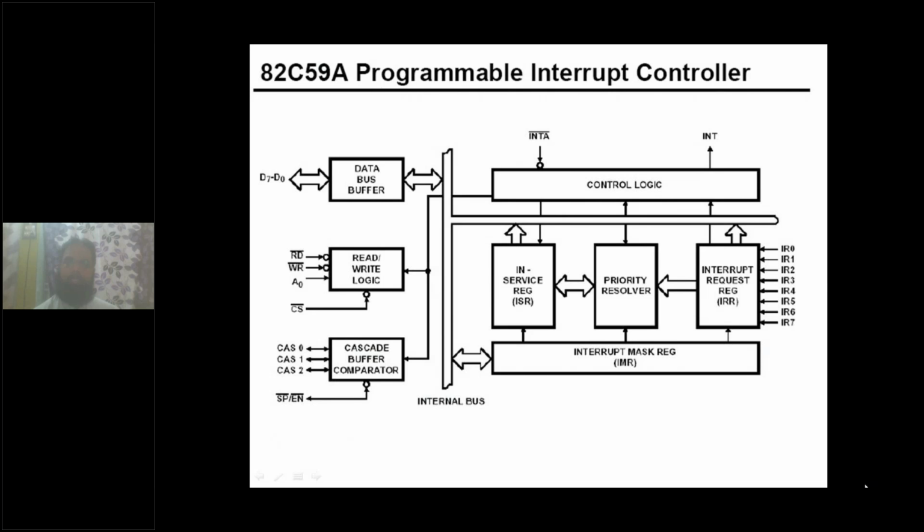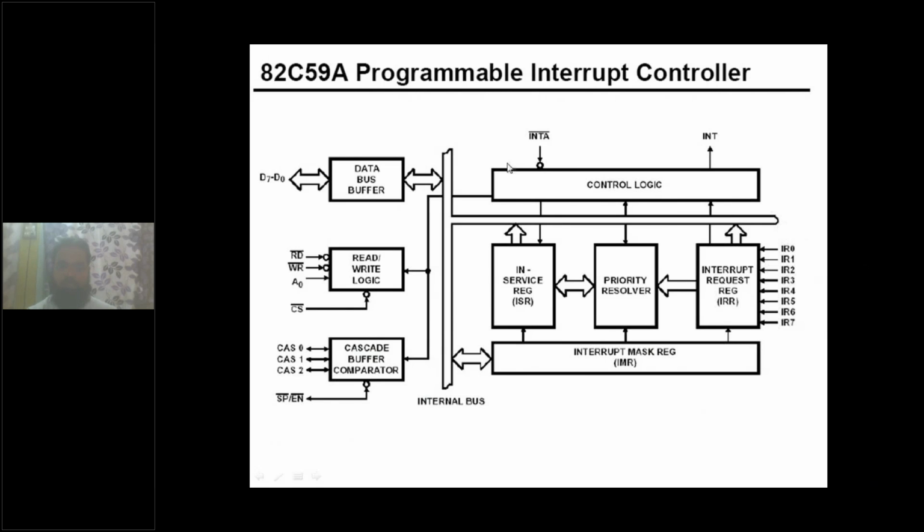After getting the interrupt signal, the 8086 processor will handle that interrupting input or output device. You can also connect one 8259 with 8 different 8259s, and the outputs of all the 8 different 8259s are connected as inputs for the master 8259. In this way, you can handle 64 interrupting devices.